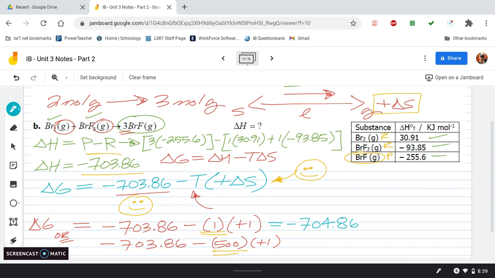It doesn't really matter. But basically, you're going to get negative 1,200 or so. So this is going to be actually 1,203.86. So what you need to focus in on is this. No matter what you do, you get a negative sign, negative delta G. So it's negative delta G no matter what. So what you would say, remember, negative delta G is a good thing.